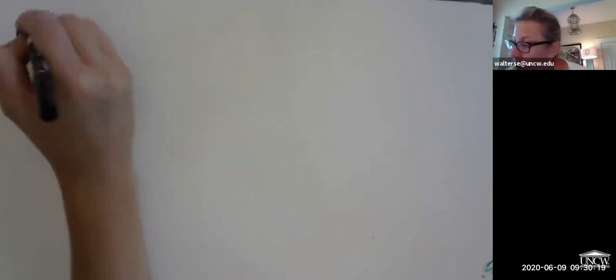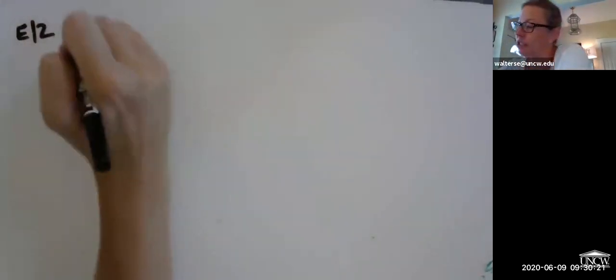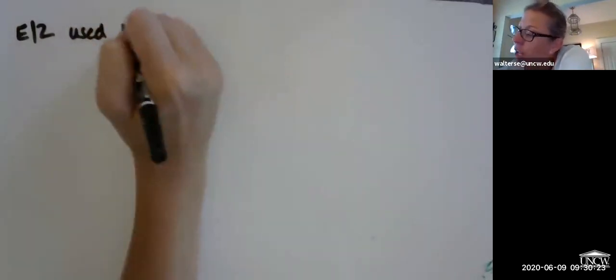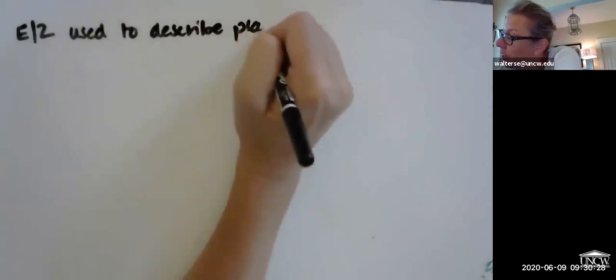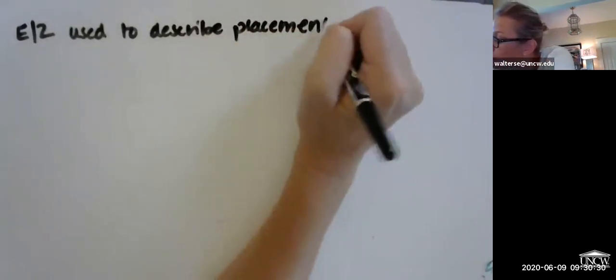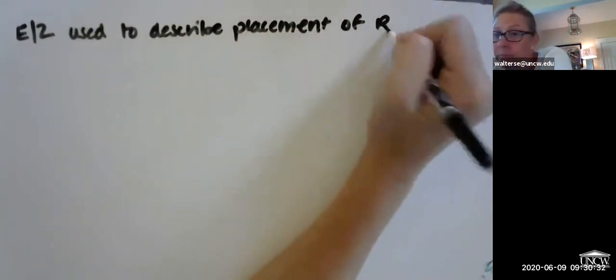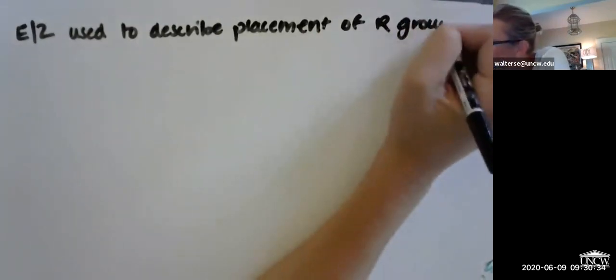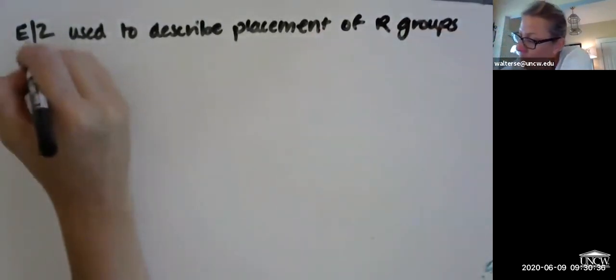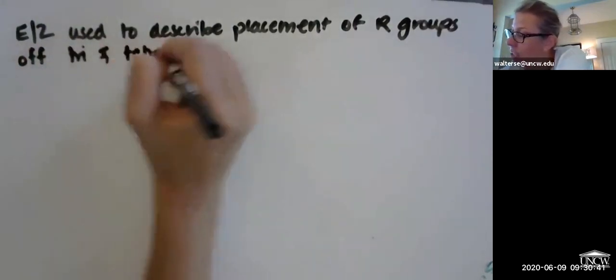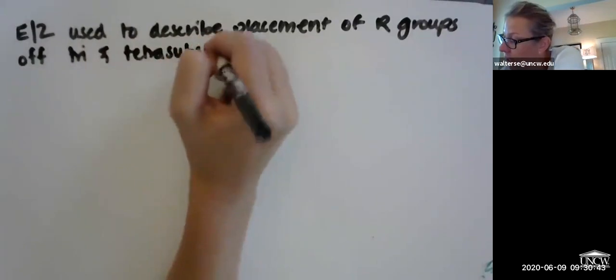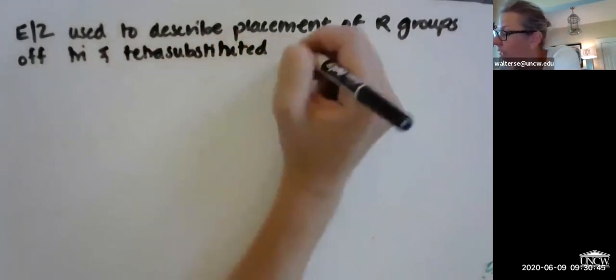Okay, so when we have E and Z, this is used to describe placement of R groups off tri and tetra substituted alkenes.